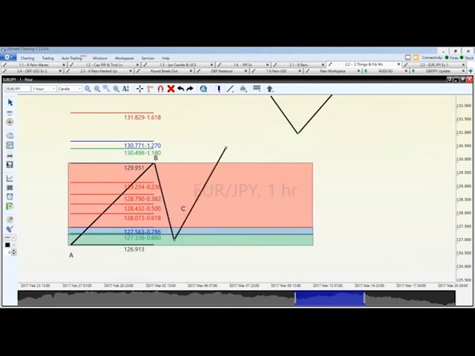So what I'm going to type here, let me just try to type this. If it retraces into the red zone, if I can spell red zone, we expect it to go up to the red line above. If it goes down to the blue zone, then we expect it to go to the blue line above. And if it goes down to the green zone below, we expect it to go to the green line above.